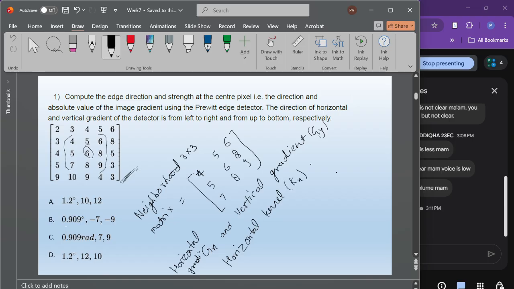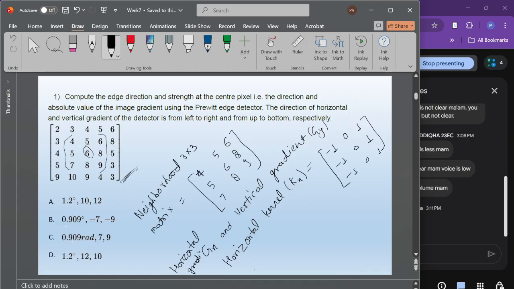That is called kx, already defined: -1, 0, 1, -1, 0, 1, and -1, 0, 1. This horizontal kernel detects the changes from left to right.